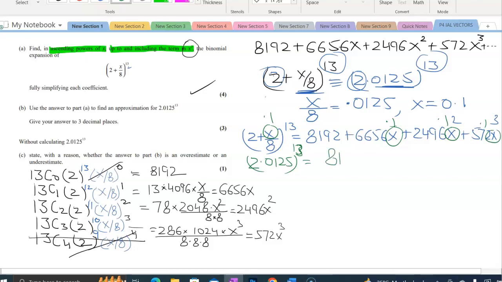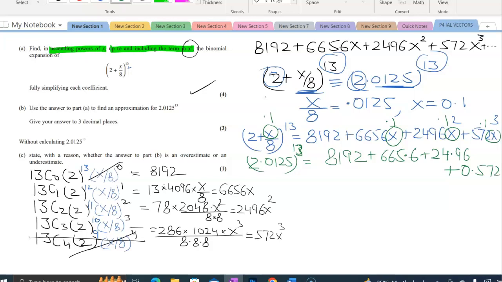So this is 8192. This is 0.1, so this will become 665.6. This will become 24.96. And the last will become 0.572.